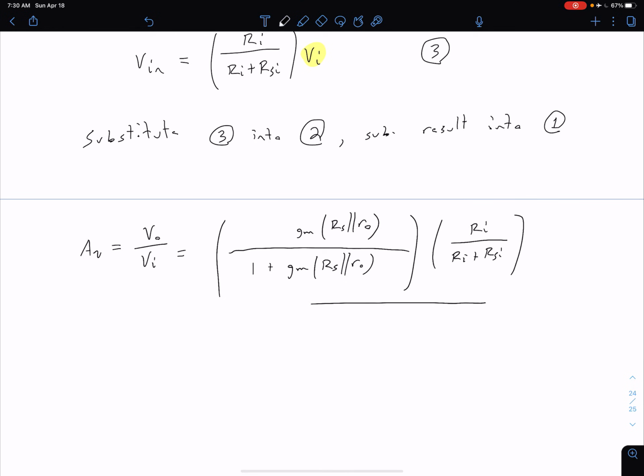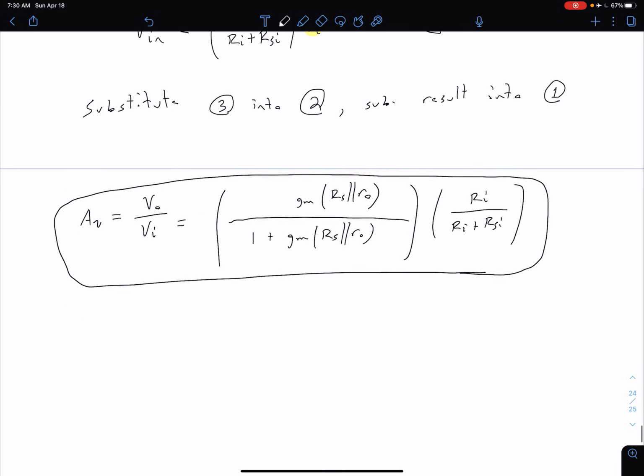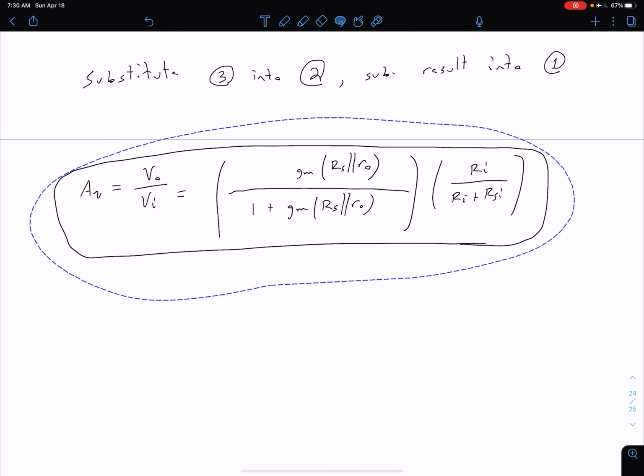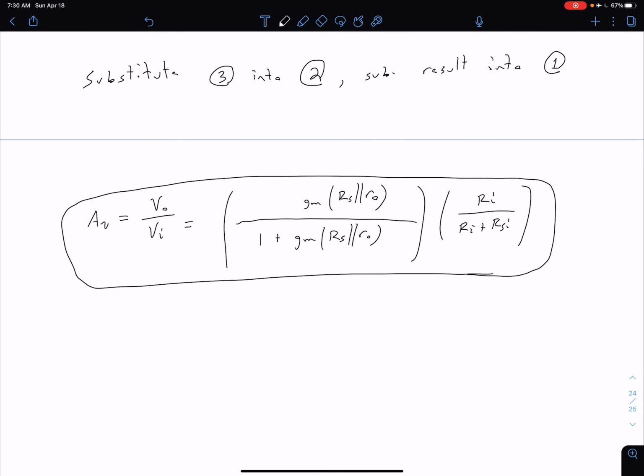So if you have any questions about the details of that algebra, definitely let me know. But I think it's not too big of a deal. We're really more focused on this end result here, and so let me bring that down a little bit.